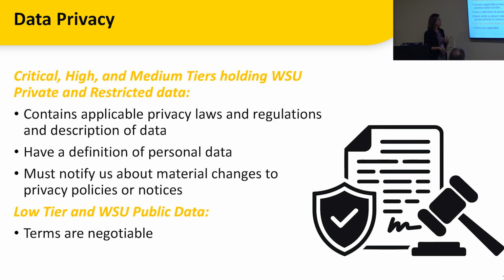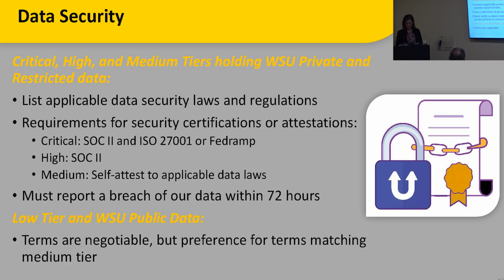I want to have a definition of what personal data is, and the vendor must notify us in some way if there's material changes to the privacy policies or notices that they have. Like if you start using AI and now that's collecting a whole bunch of different data. For low tier, which is generally our public data, terms are negotiable. They could strike that whole section and I probably wouldn't be as worried. I'm going to focus more on those other higher tiers.